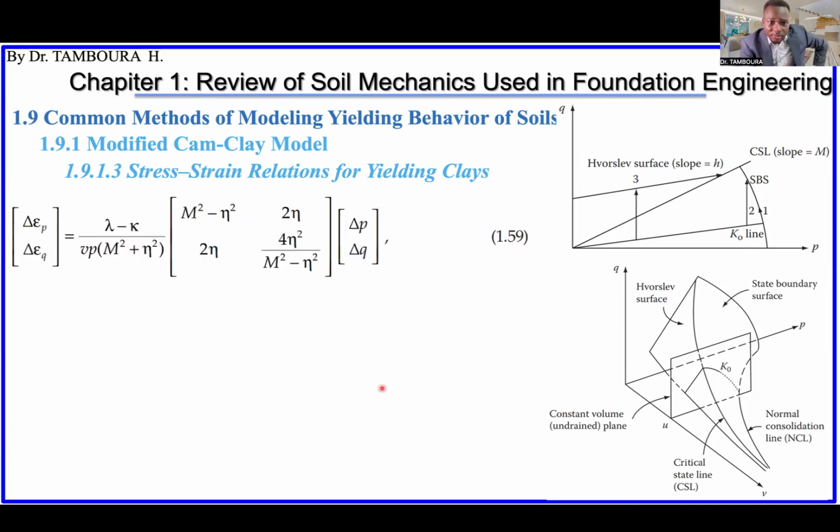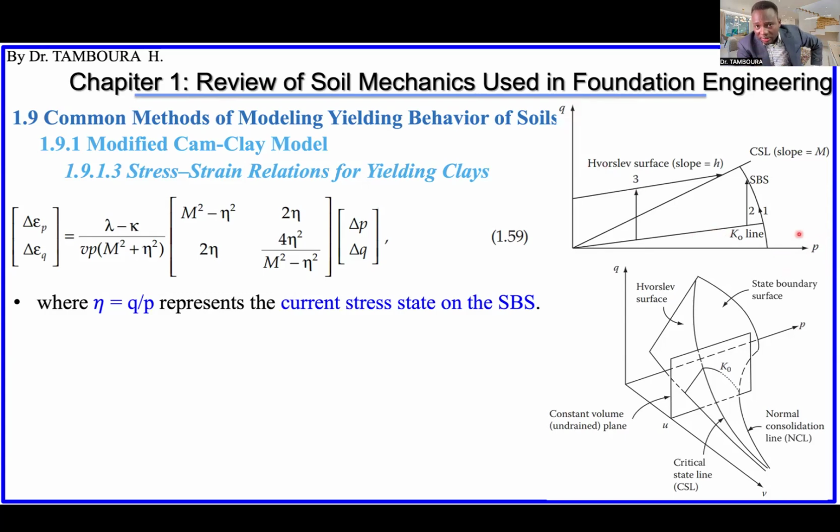I will keep this equation here. In this equation, this coefficient is just the ratio of q and p, the shear stress and the mean effective stress, at the current state on the state boundary surface.